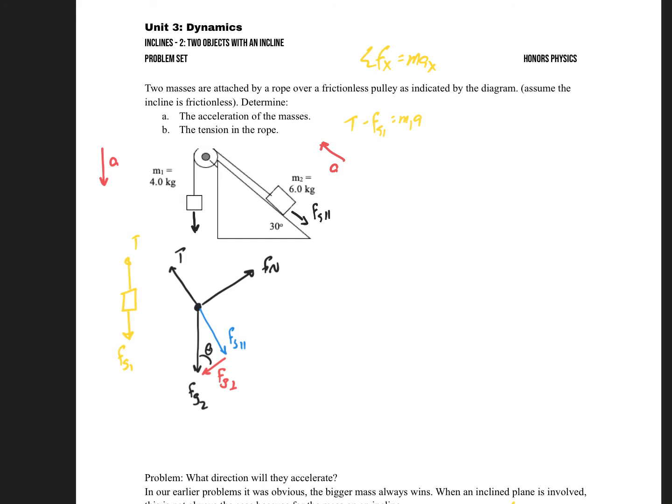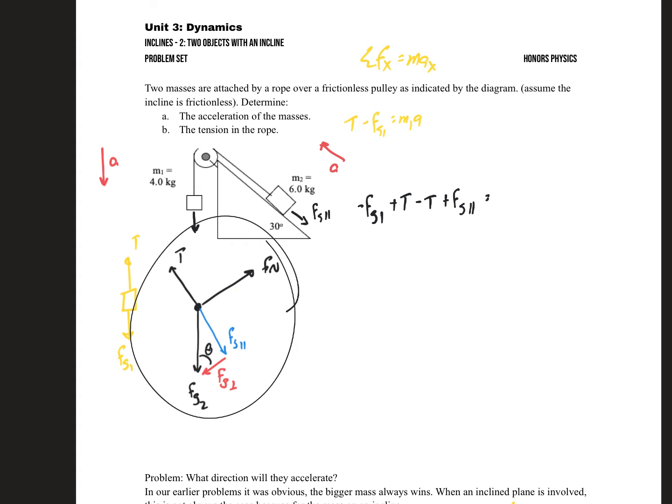Using the unfolding method, we can use Newton's second law to figure this out. We would do something like this: negative Fg1, pointing to the left, plus tension, then minus tension going to the left, plus FG parallel going to the right.